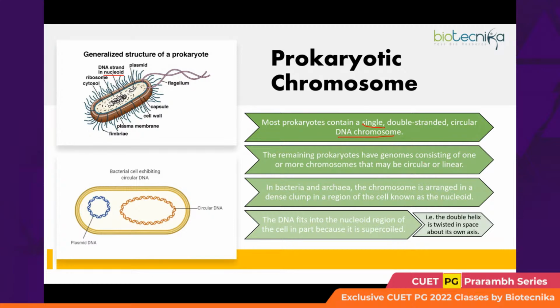Some other prokaryotes can also have, apart from that one, some more chromosomes, which can be circular or linear.